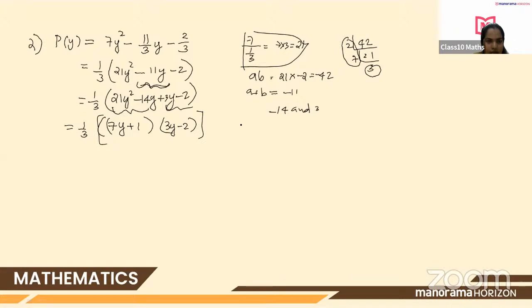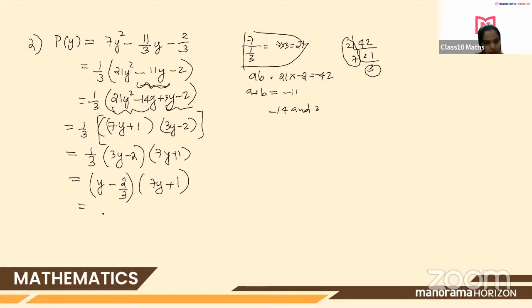Okay, 7y plus 1 and 3y minus 2. Multiplying this 1 by 3 to this equation, we can rearrange it as 1 by 3 into 3y minus 2 into 7y plus 1. And here it is 3 by 3, which is equal to y minus 2 by 3 and 7y plus 1.